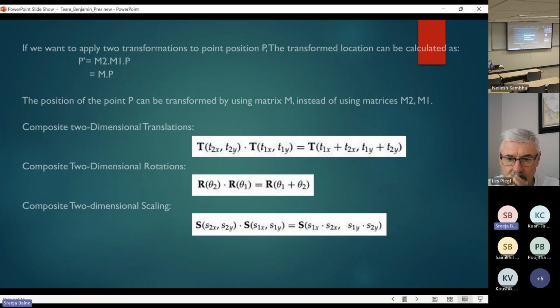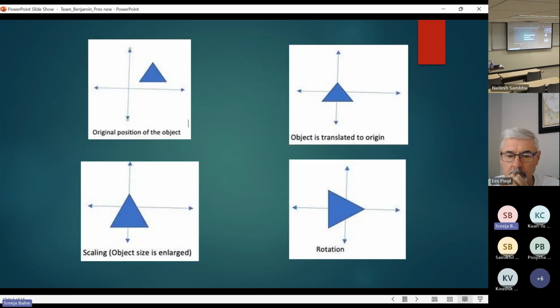In the same way, for angles, theta 1 and theta 2 are the two angles that we have rotated the plane by. Then the final affected plane would reflect both theta 1 and theta 2. And for scaling, as diminishing or enlarging multiplies as we are increasing, with respect to the x-axis it would be S1 and S2, where S1 and S2 are the scaling factors that we have used, and similarly for the y-axis. Here we can observe an example.